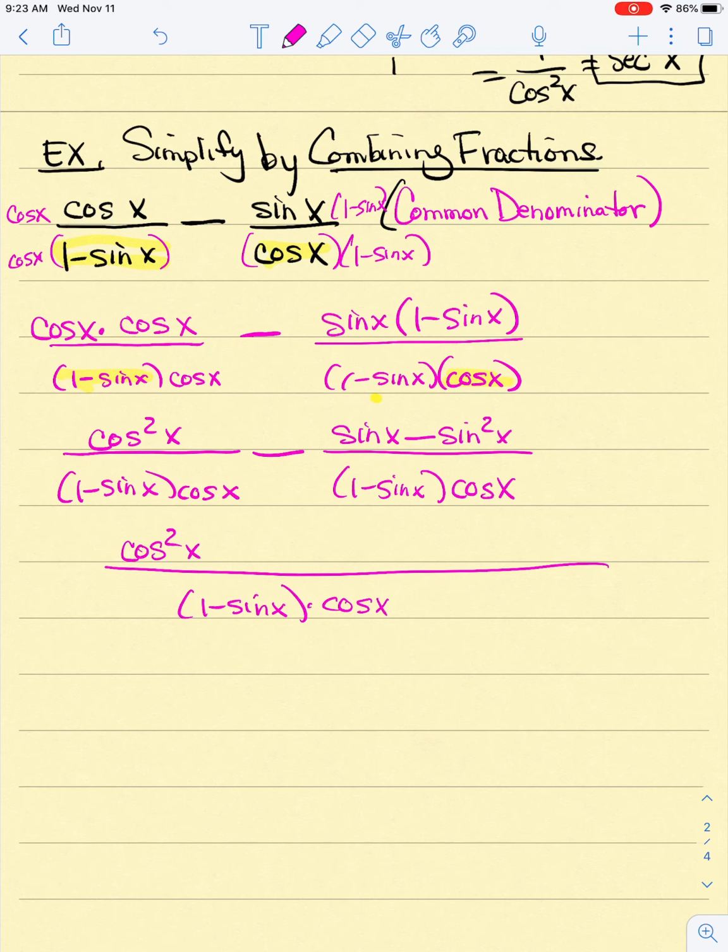Now be careful with that minus sign right here. Make sure it goes to both your terms. So we'll have a minus sine x and then a plus sine squared x. Okay, so cool thing about this, I see this right away, but I've done 10,000 of these in my life.